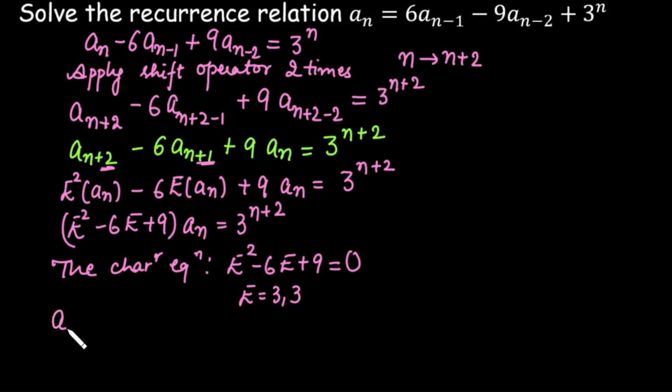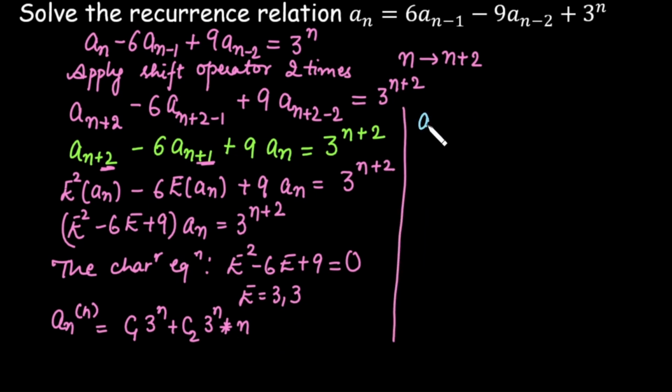We can write the homogeneous solution is equal to C1 3 raised to power n plus C2 3 raised to power n into n. Now for the particular solution, we have an is equal to 1 upon E square minus 6E plus 9 times 3 raised to power n plus 2.